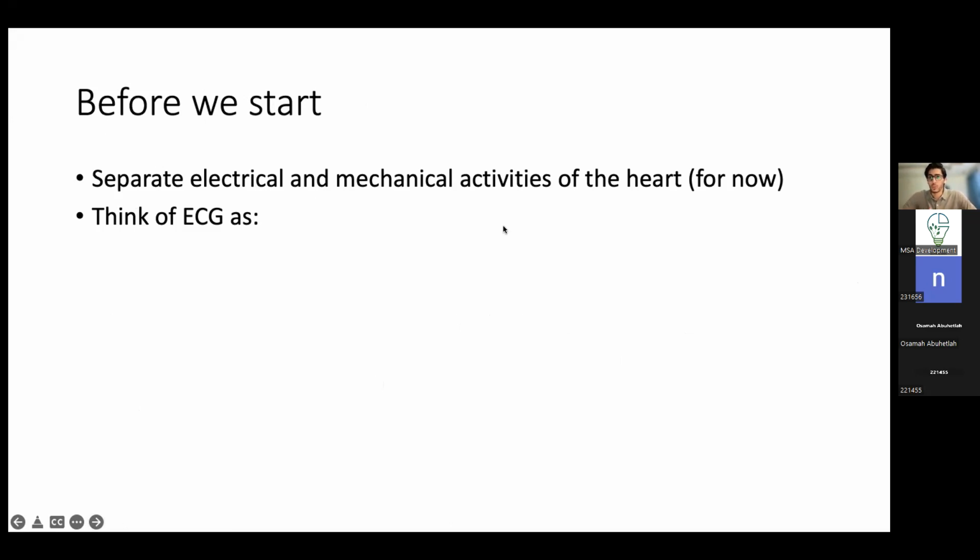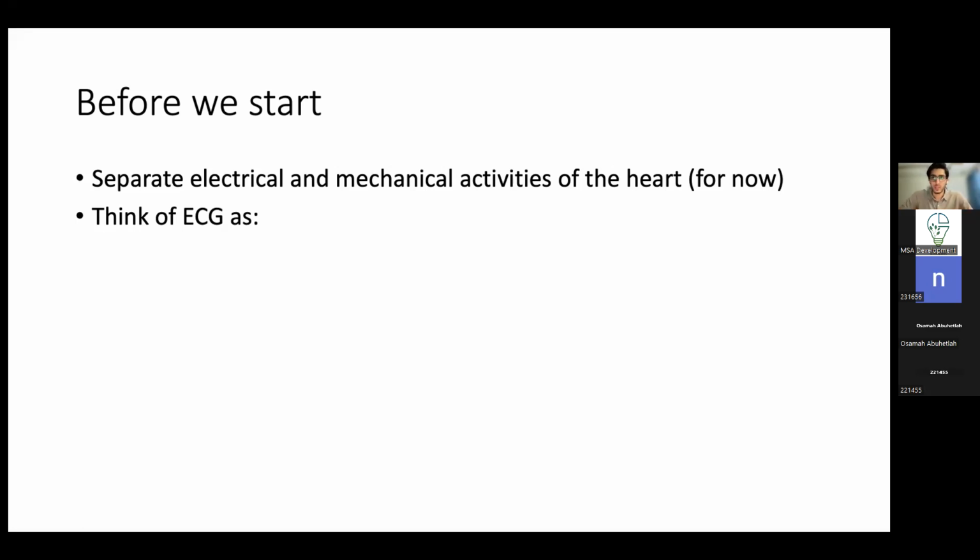All right, before we start, I want you to please dissociate and differentiate between two things. There's the electrical activity of the heart, and then there's the mechanical activity of the heart, right? The electrical activity of the heart is your action potentials, your depolarization, your repolarization, all those electrical things.